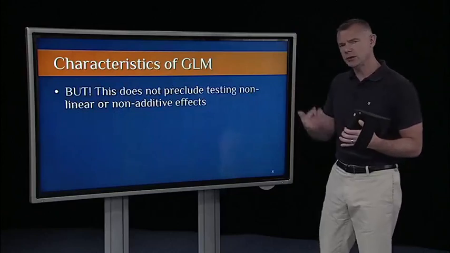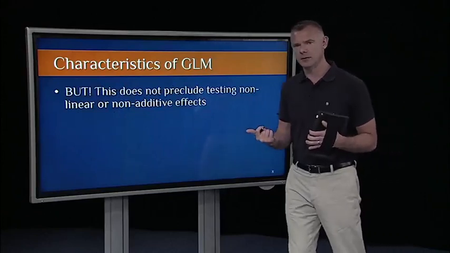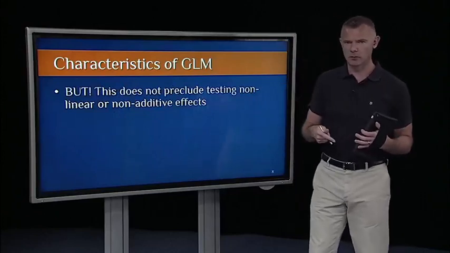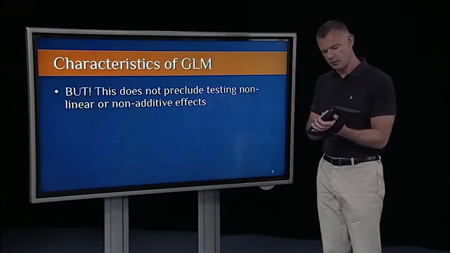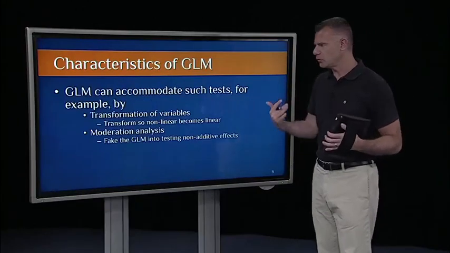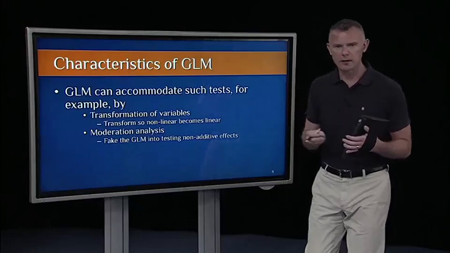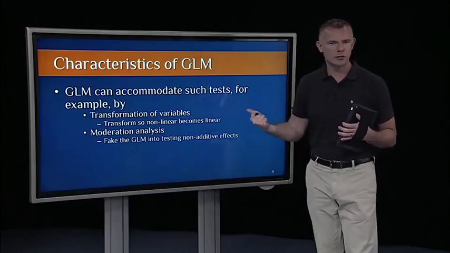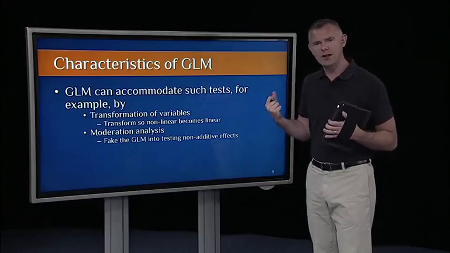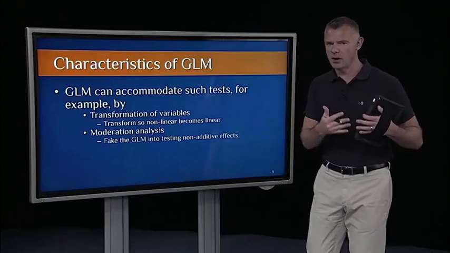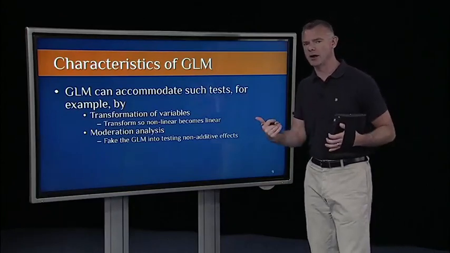Remember, that didn't preclude us from testing nonlinear relationships or dealing with non-normal variables. There were some situations where what I call a quick fix got us by and we could use the GLM. Just like a quick fix got us by in a lot of parametric procedures, we didn't have to go to non-parametrics.